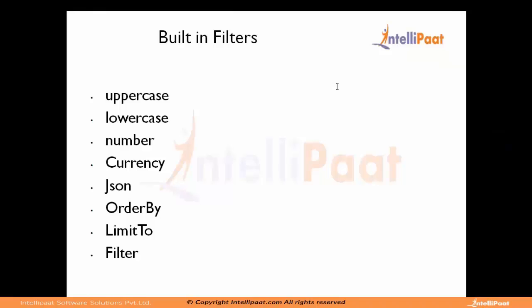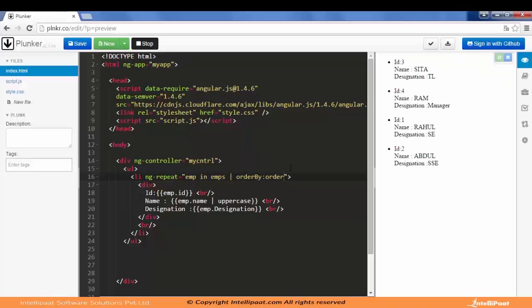Let's move on to the next one, that is limitTo. Let's put another pipe, limitTo, and the value. The use of limitTo is to limit the number of records we are showing to the user in our output window. Suppose out of these four employee records, I just want to show three records to the user.